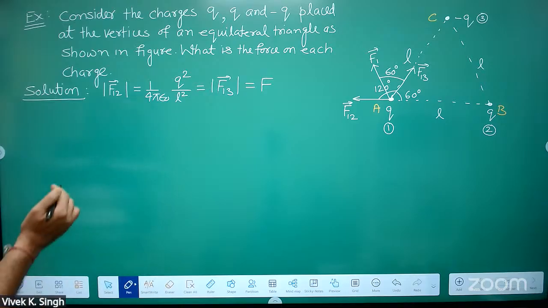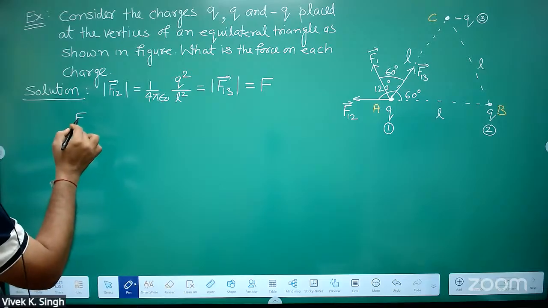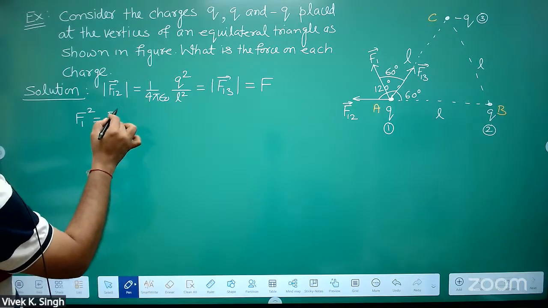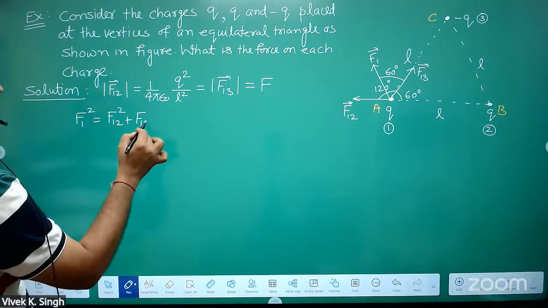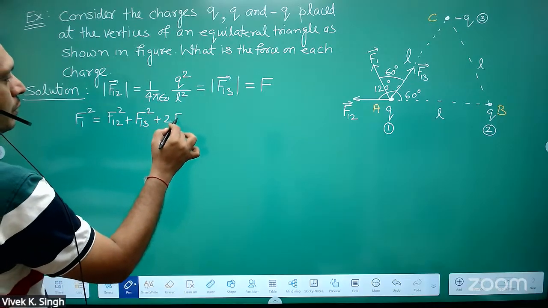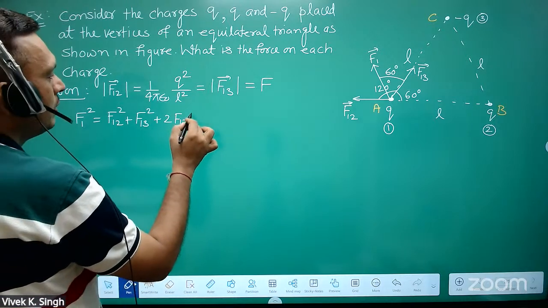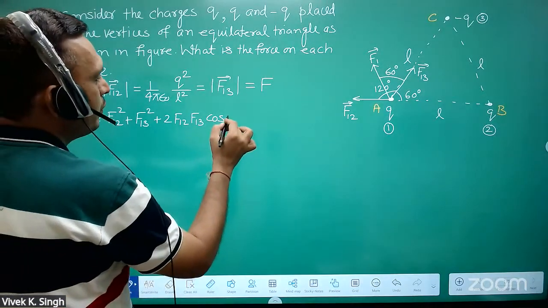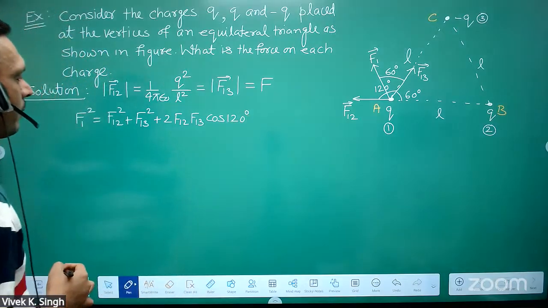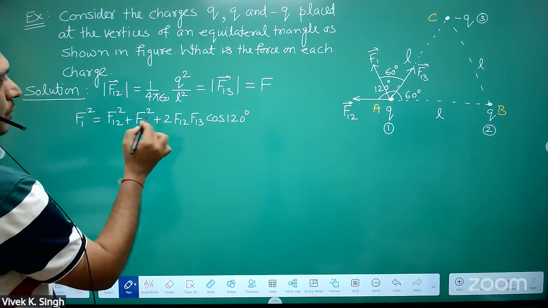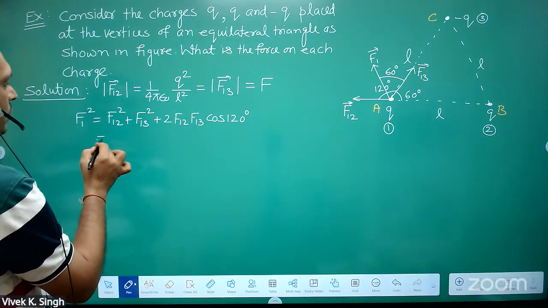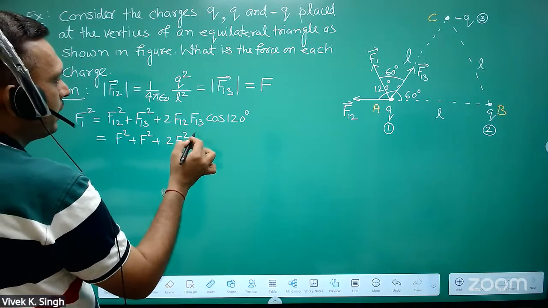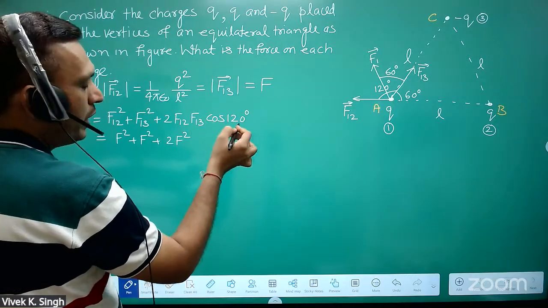Let's find F1. The magnitude of F1 square is given by F12 square plus F13 square plus 2 F12 F13 cos 120, right? So write this value as F. This becomes F square plus F square plus 2F square cos 120.